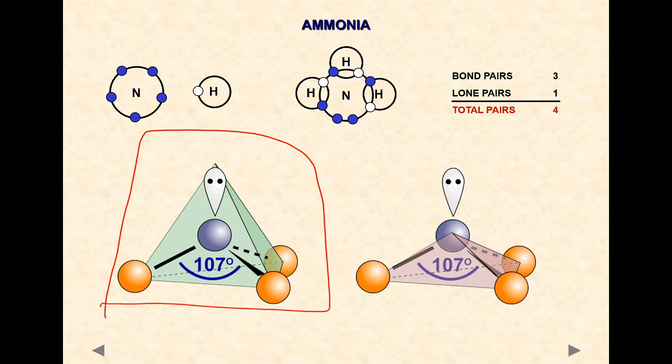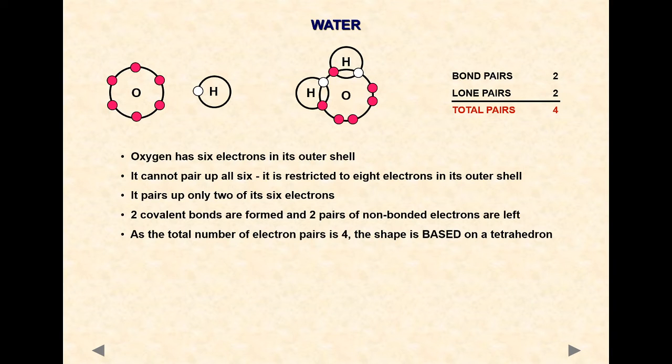Let's go to water. H2O, hydrogen oxide, and the common name is water. So the central atom, of course, is oxygen. Oxygen has 6 valence electrons, so you have 1, 2, 3, 4, 5, 6.